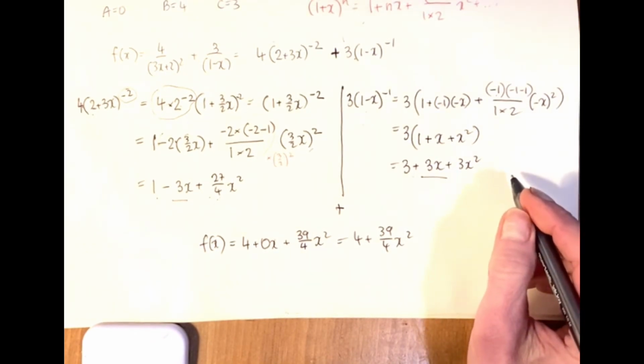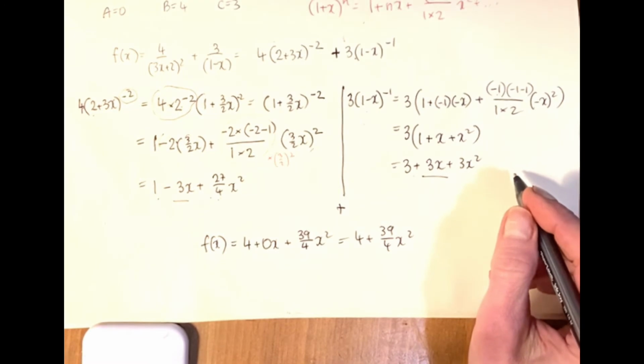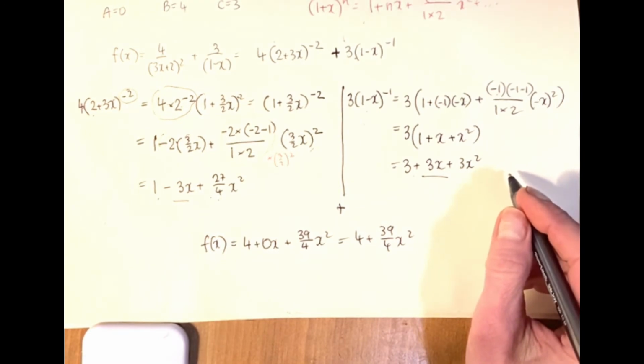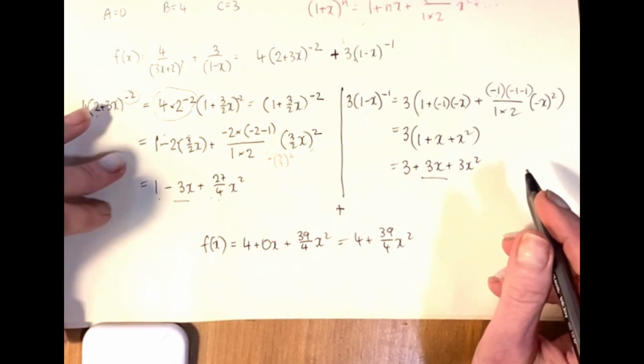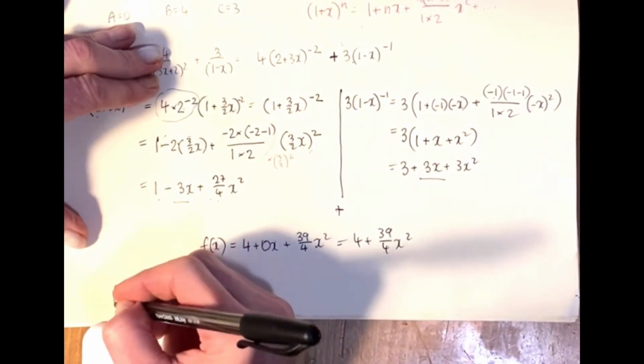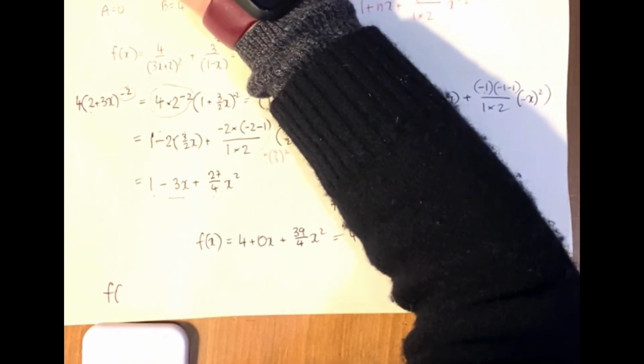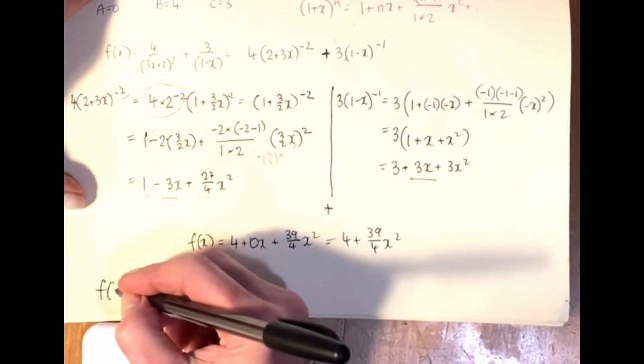Now, find the percentage error made in using the series expansion in B to estimate the value of f of 0.2. Give your answer to 3 significant figures. Let me just double check. Yes, the f is on the end of the other line.